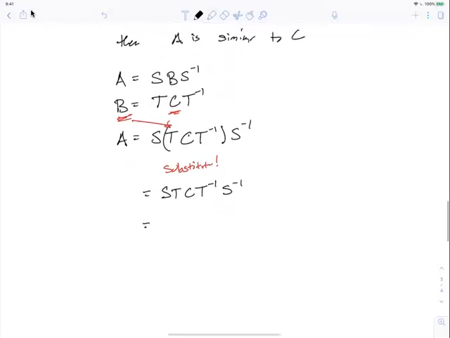Also remember that for inverses, we can factor in the inverse if we swap the order. So this is S T C times S T inverse. Now the matrix on both sides, instead of S or T, is S times T. And this shows that it's a similar transformation, as long as you have the same matrix on both sides, but one of them is the inverse and one of them is the actual matrix.